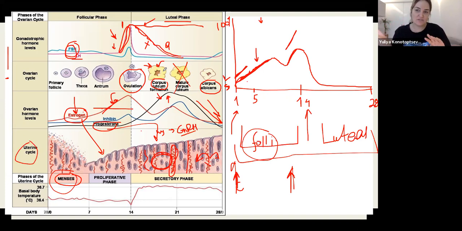But then it decreases, because after 3 months of pregnancy, the corpus luteum will die. Actually, this transition from the first trimester to the second trimester, when we're transitioning from the 3rd month to the 4th month, is the most dangerous time for the embryo because that's when the corpus luteum dies. But if the corpus luteum dies, who secretes progesterone?